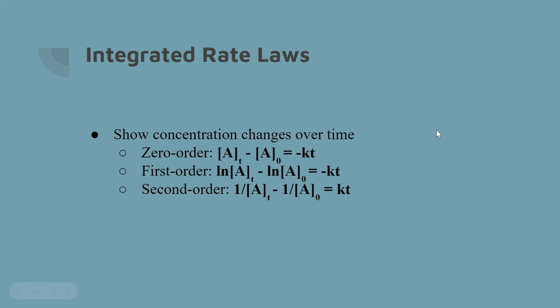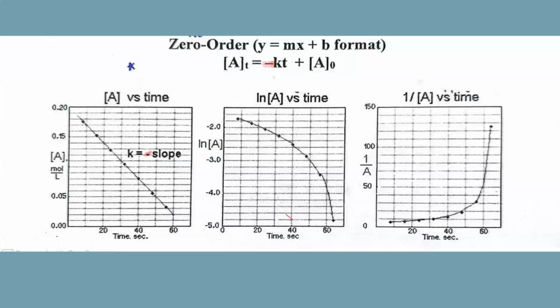So we can see the 0 order, the first order, and the second order rate laws here, right? So to take a look here, this is the 0 order rate law rearranged from what you saw on the previous page into y equals mx plus b format, so into the straight line format.